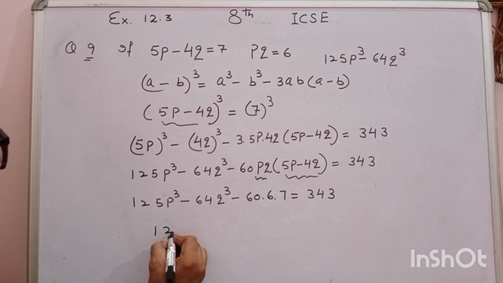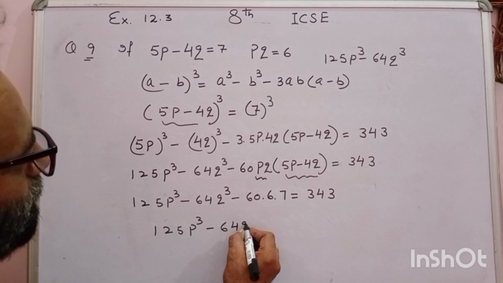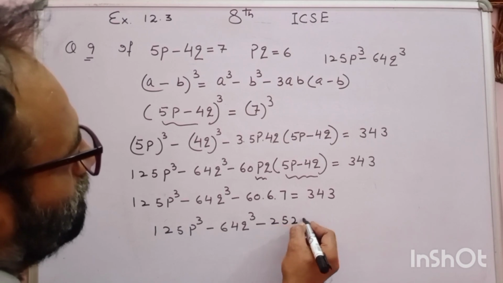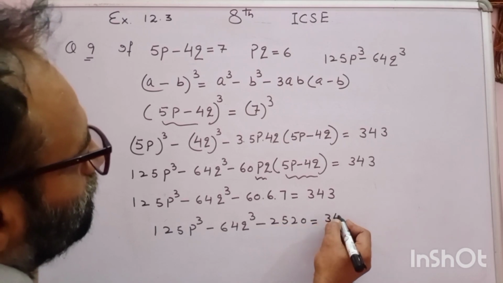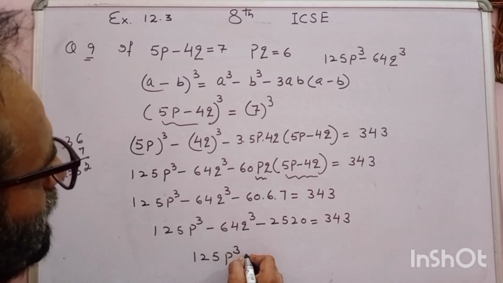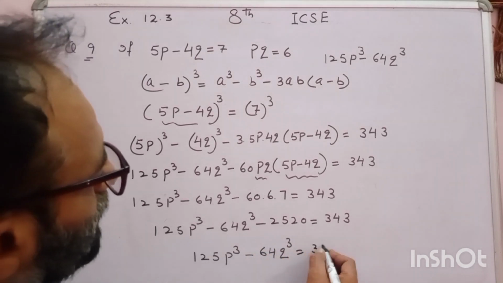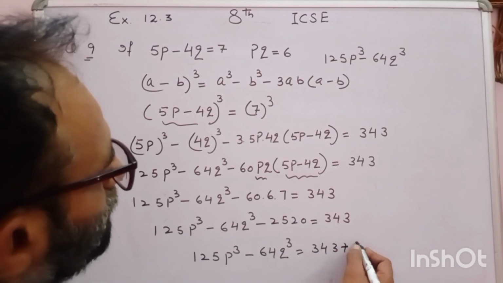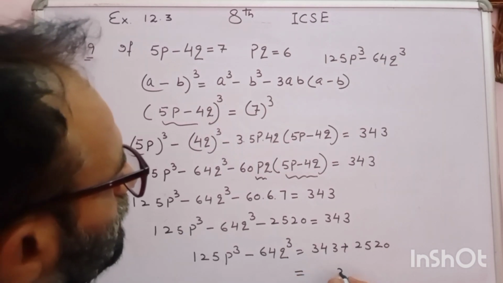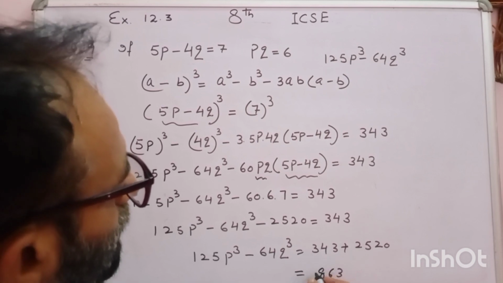So 125p³ − 64q³ − 2520 is equal to 343. 125p³ − 64q³ is equal to 343 + 2520. That we will get 2863.